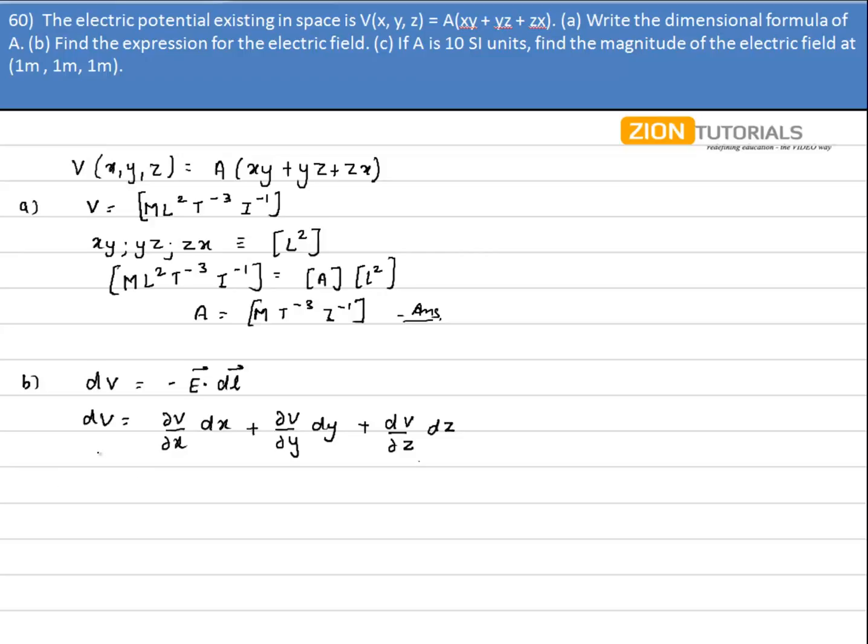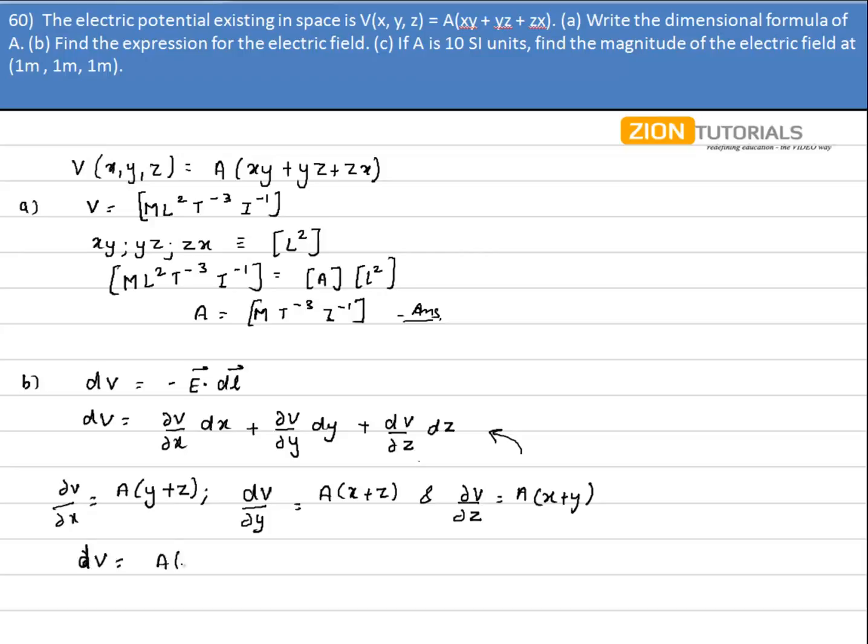Now we have the expression for V, and ∂V/∂x is A(y + z), ∂V/∂y is A(x + z), and ∂V/∂z is A(x + y). Substituting these into the equation, we get dV as A(y + z) dx + A(x + z) dy + A(x + y) dz.